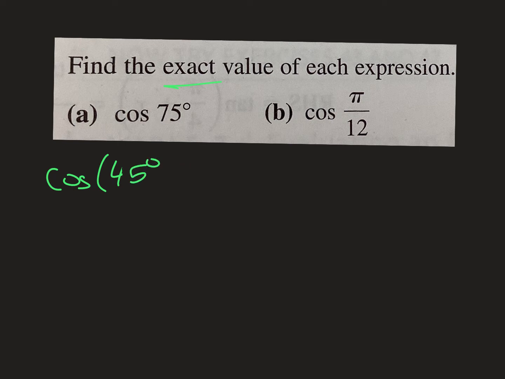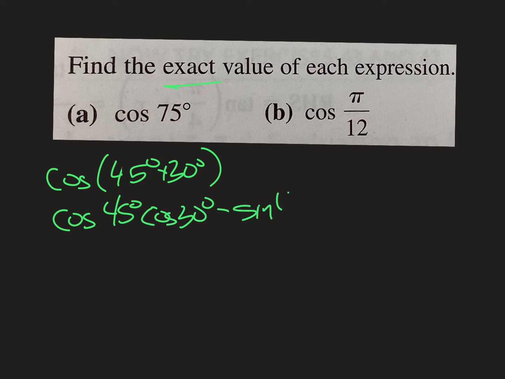I know 45 and 30, and 45 and 30 add up to be 75. So I'm going to do the cosine addition that you saw in the last slide. And if I break it up with the cosine addition formula, I'll get cosine 45, cosine 30, minus sine 45, and it is minus, by the way, that is the formula, sine 30. Now, cosine 45, square root of 2 over 2.